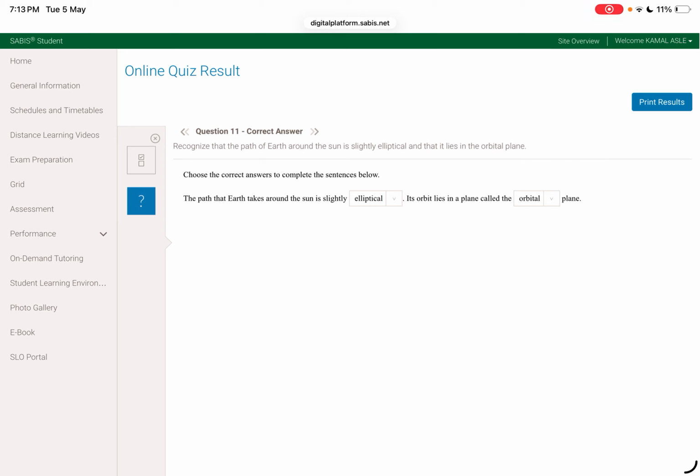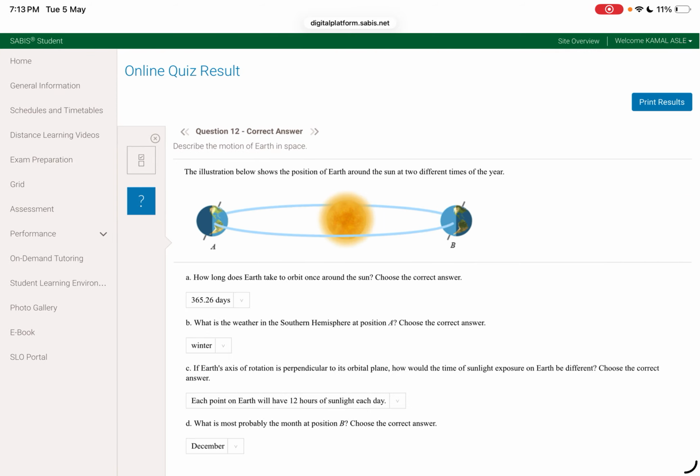Question number 12. Here they're basically saying the illustration shows the position of the Earth around the Sun at two different times of the year.